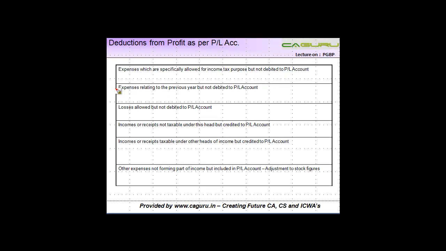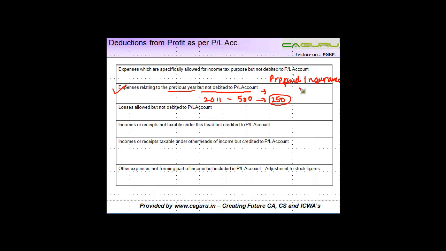The second one is expenses relating to the previous year but not debited to the profit and loss account. For example, something like prepaid insurance. Let's say in 2011 you paid 500 rupees for insurance, out of which 250 pertains to the current year.